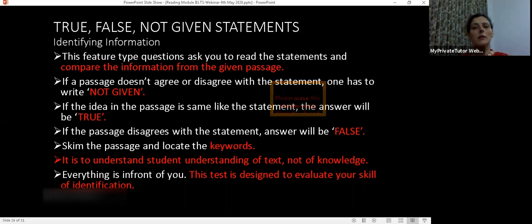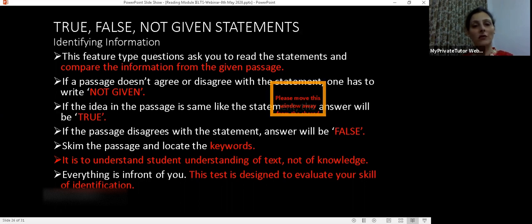Maybe with some passages you are familiar, but most of the time the information is new to you. So it is a skill. Your skill is going to be gauged, not your knowledge. So be specific in attempting the questions. Whatever is asked, you have to be very specific.